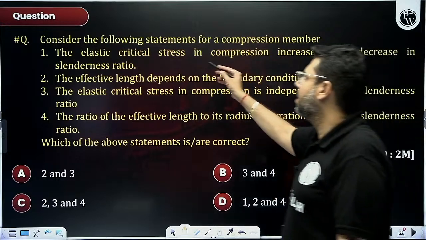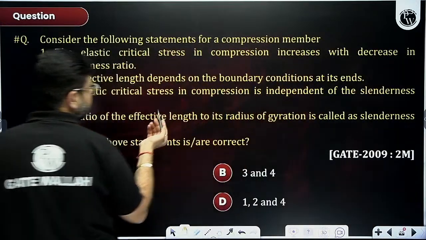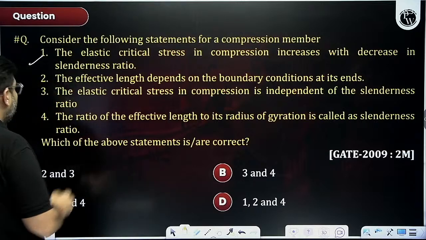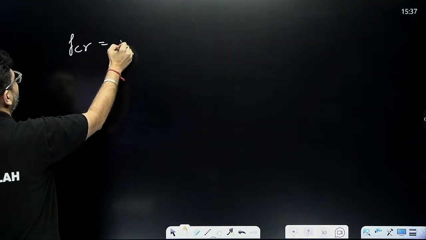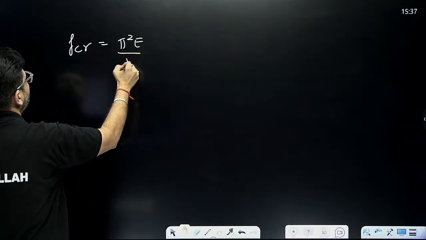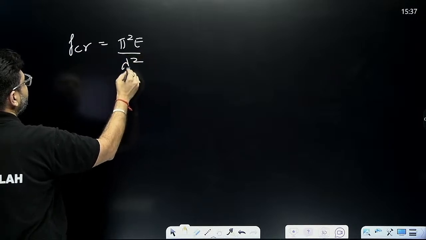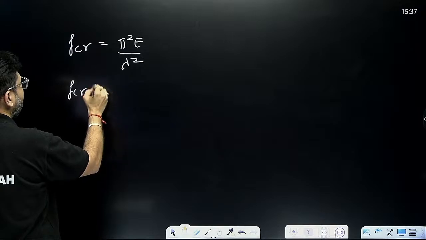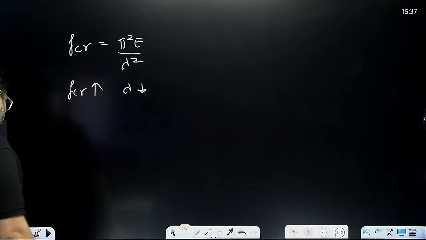The elastic critical stress in compression increases with decrease in strength ratio. This is correct. We know Fcr is equal to pi square E by lambda square. So if lambda increases, Fcr would decrease, and Fcr would increase if lambda decreases. Very correct.